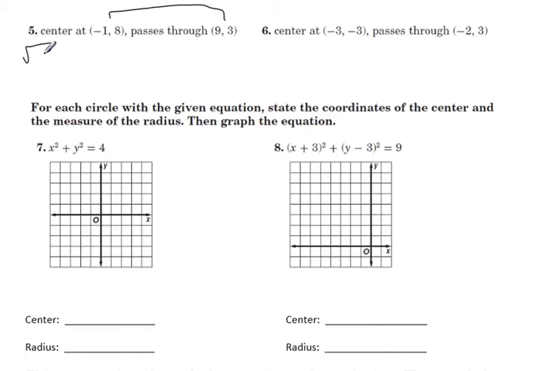So we would take x minus x squared, so -1 minus 9 squared, plus y minus y squared, so 8 minus 3 squared.